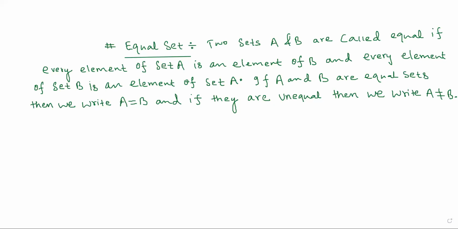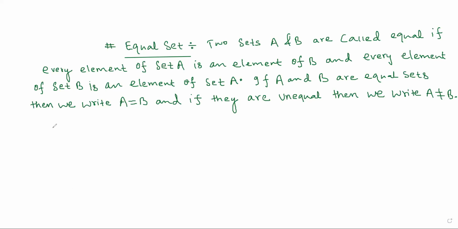This is clear or not? Basically, if two sets A and B are called equal, every element of set A is an element of B and every element of set B is an element of set A. If A and B are equal sets, then we write A equals B, and if they are unequal, then we write A is not equal to B. That is the basic statement about equal sets.